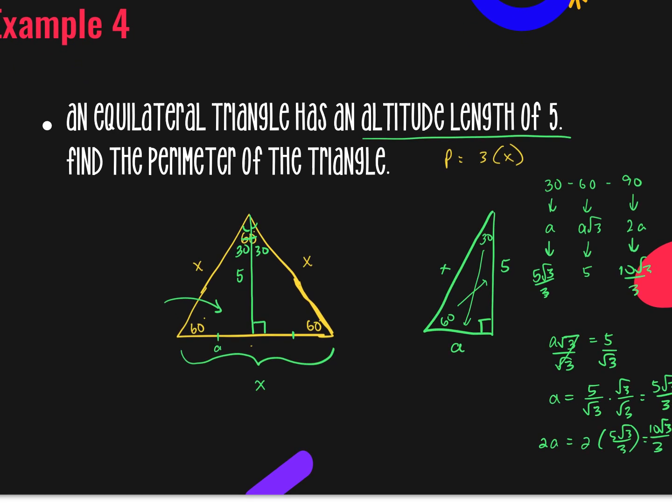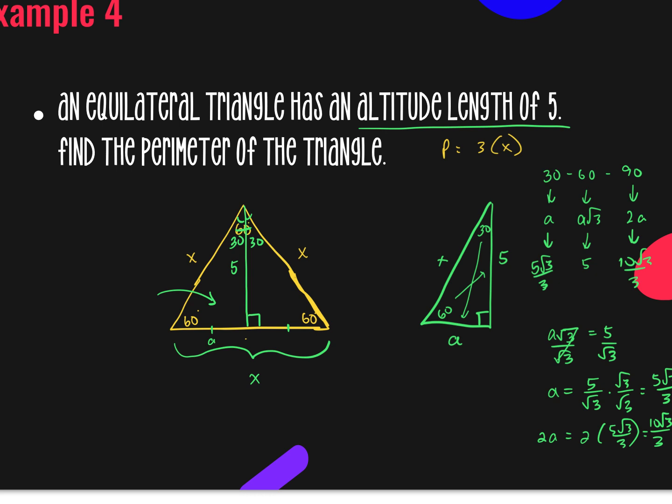So I come back over to this main drawing, and this little piece here is 5 radical 3 over 3, and this hypotenuse is 10 radical 3 over 3. So this side is 10 radical 3 over 3, which means this is 10 radical 3 over 3, which means this is 10 radical 3 over 3.